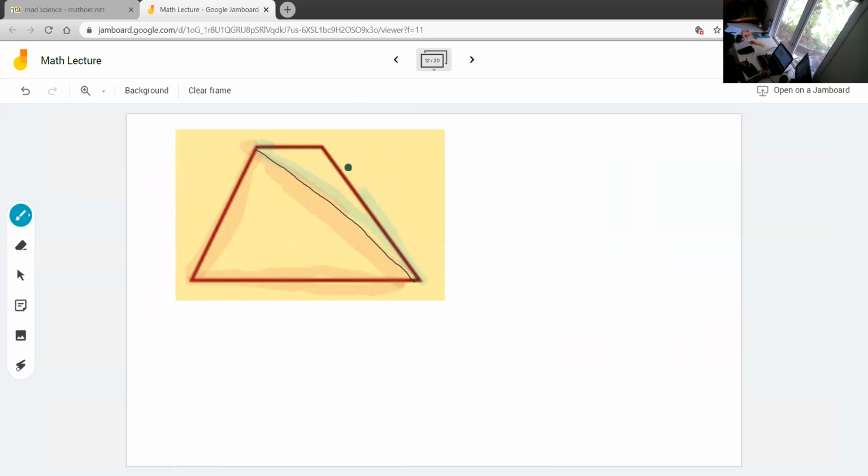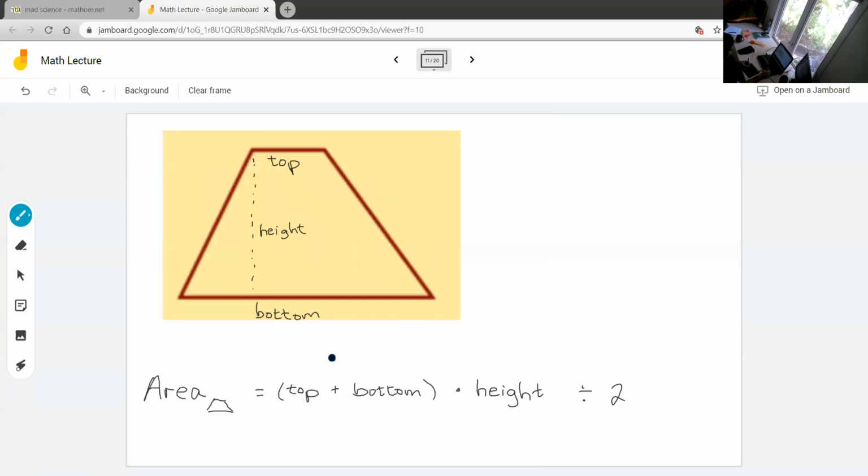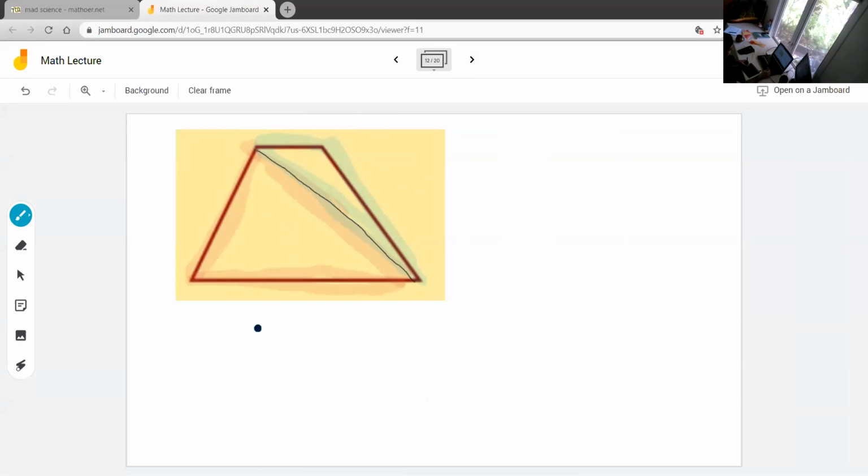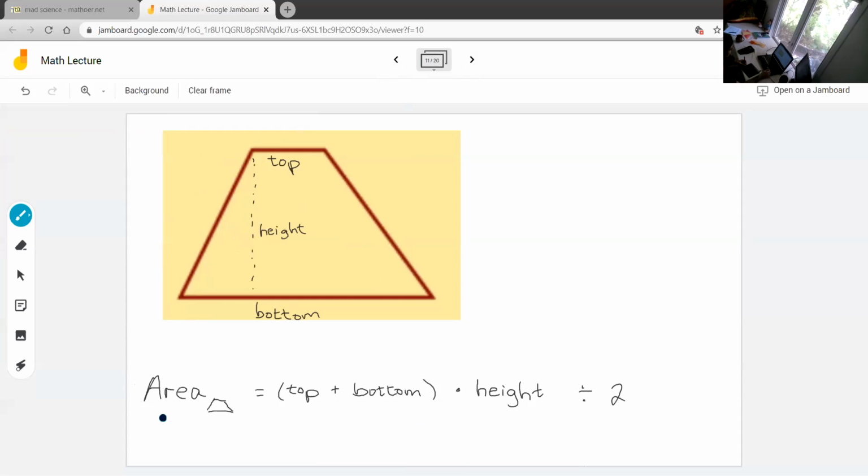Does that make sense? So if you don't like this formula, that's okay. You can always chop things up and make triangles, but this is a little bit more work. Since you are allowed to use notes this term, you might as well do this.